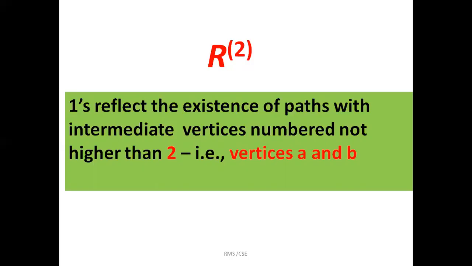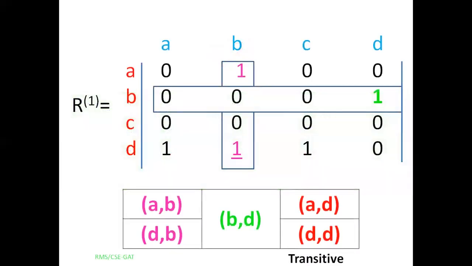Now to find R power 2, we need to take the help of R power 1. So take the matrix R power 1 and select second row and second column. First go to the second column and find the position of 1. In the second column, the position of 1 I have indicated using the pink color.